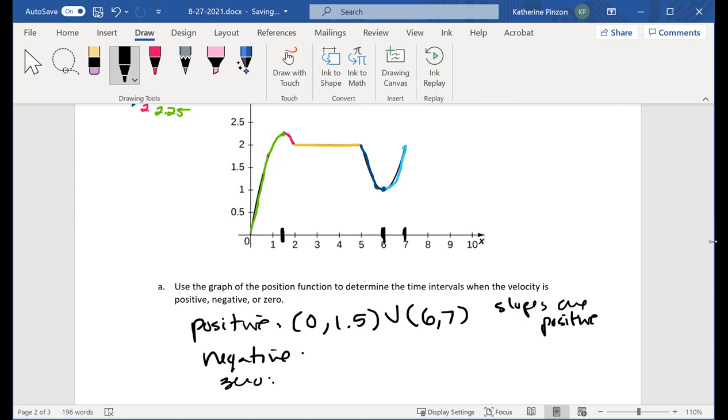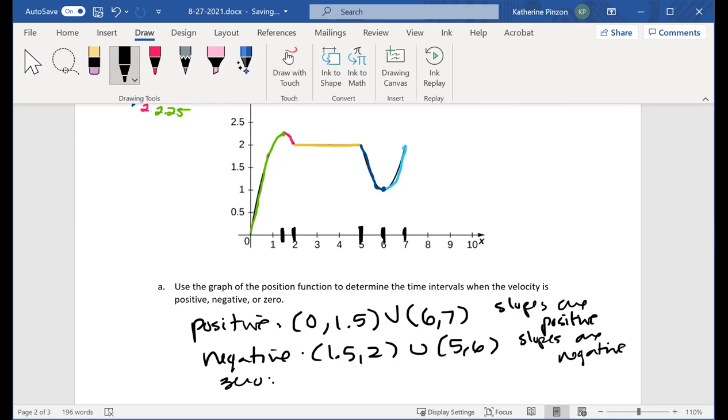Okay, when is the velocity negative? Yeah, the pink section, 1.5 until 2, good. And that dark blue section from 5 to 6, when the slopes are negative.